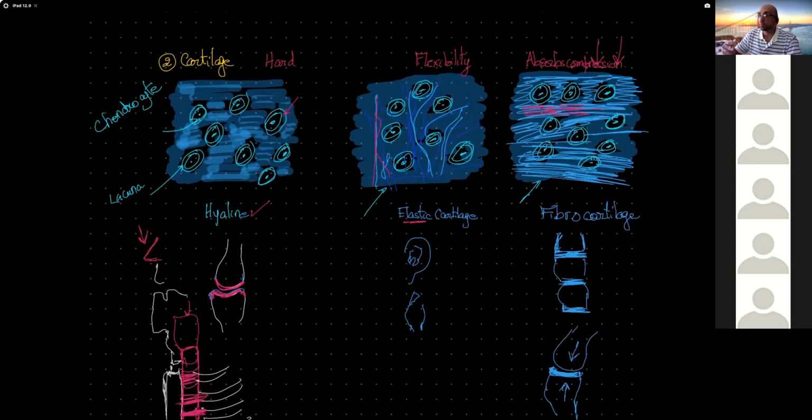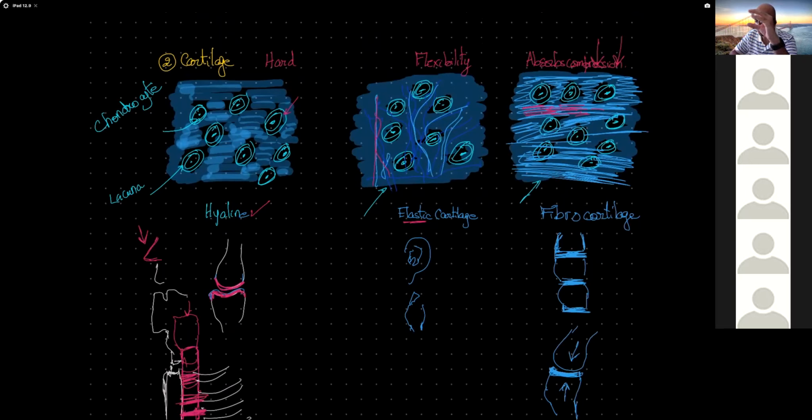Where do I need a cartilage that maintains the shape of the structure, but at the same time provides me with great flexibility? In my ear pinna, my external ear. You see how flexible the ear is, but you still have its shape. You still have a definitive shape, unlike a blood vessel.